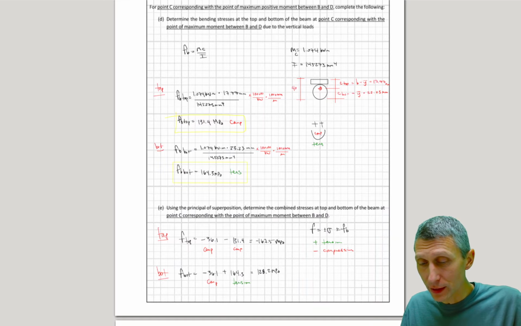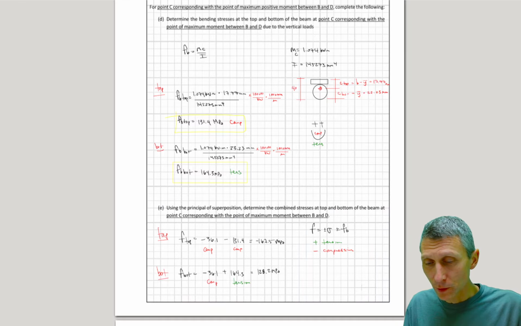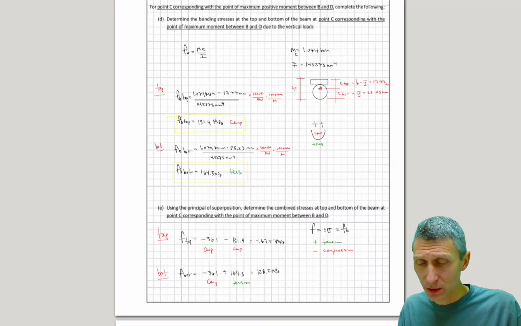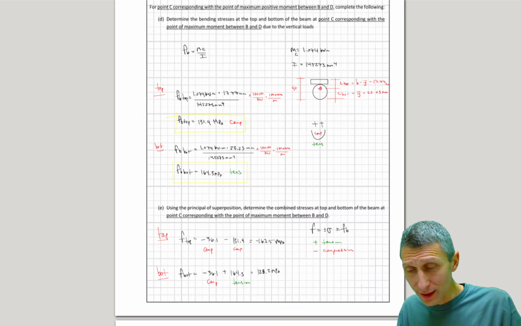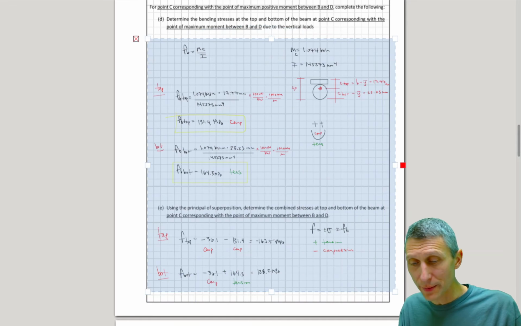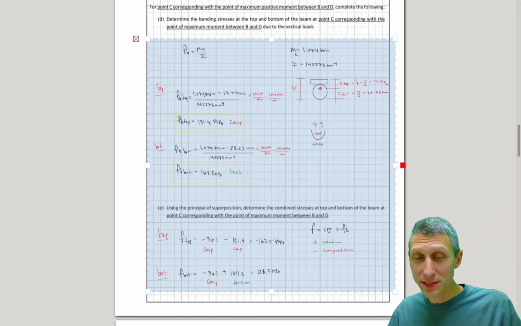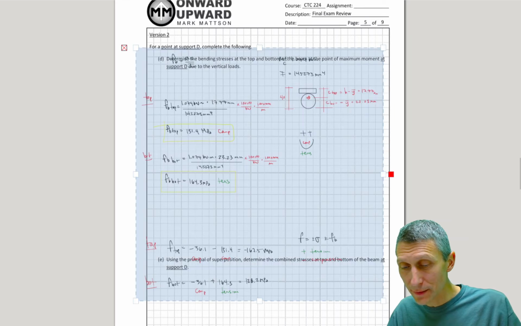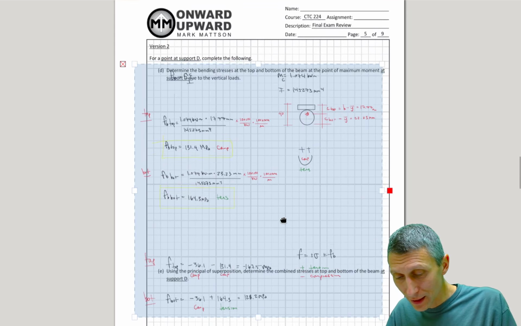Now I did another one of these, again, to really highlight this idea with bending stress, but the thing is, I can take 90% of this and reuse it. So I'm actually going to copy this just to save a little bit of time here, and I'm going to paste this down because support D is basically the same.